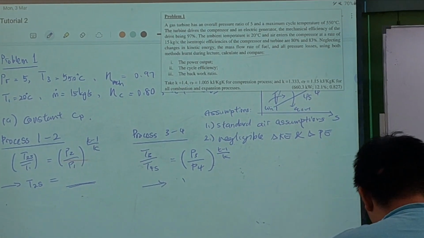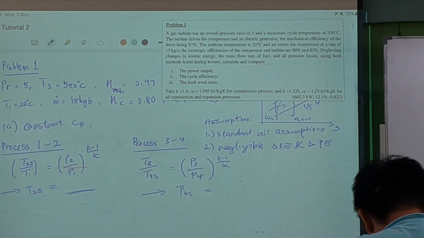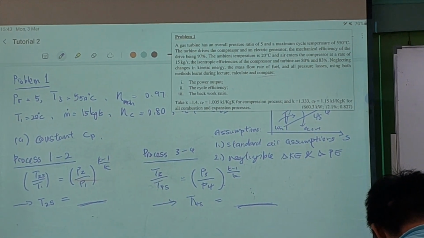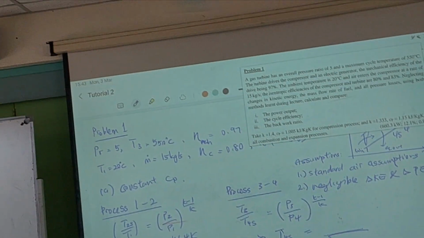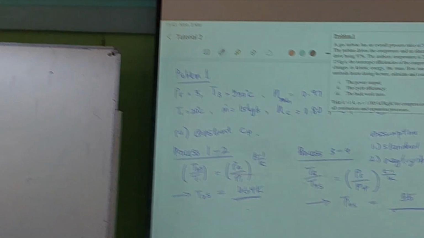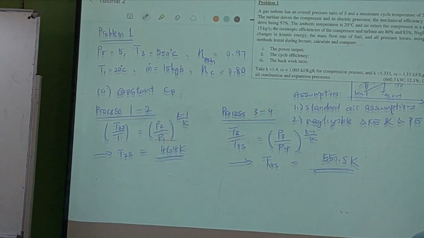From here, you can get T4s. So you should get roughly these two values.